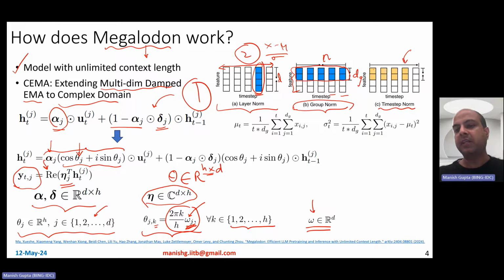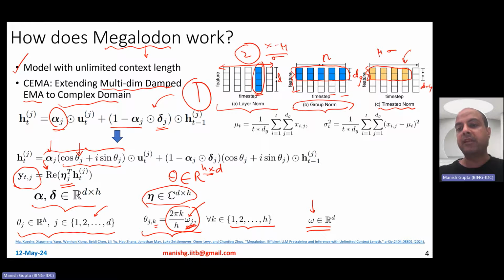I take a particular group across the d dimensions. So if d equals 4 and the group size is 2, I've taken the first 2. Then up to that time step, whatever the numbers are, you compute the mu and sigma based on that.